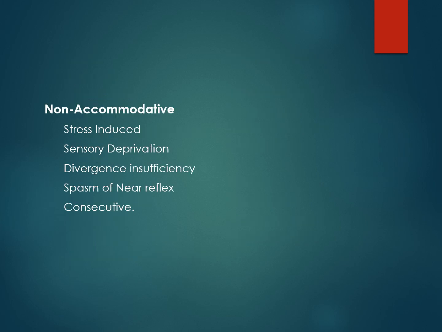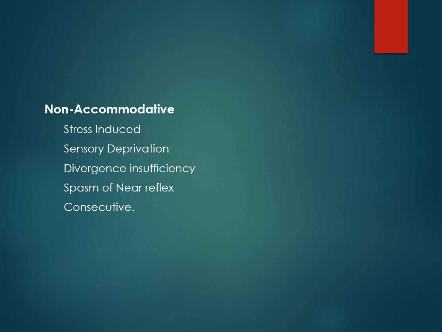Non-accommodative esotropia. It includes stress-induced and sensory deprivation. Whenever there is loss of vision or reduced vision in an eye below 5 years of age, the eye tends to deviate inwards.